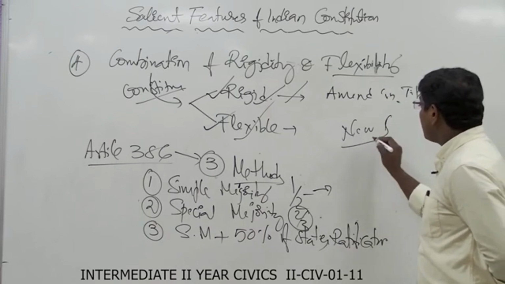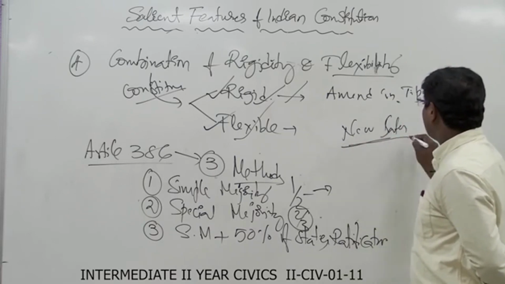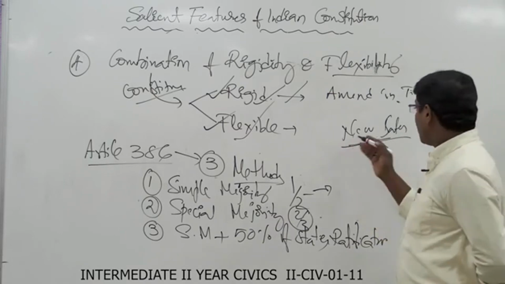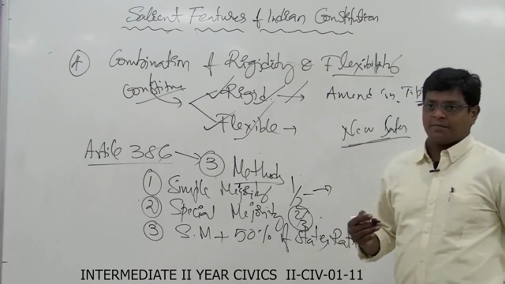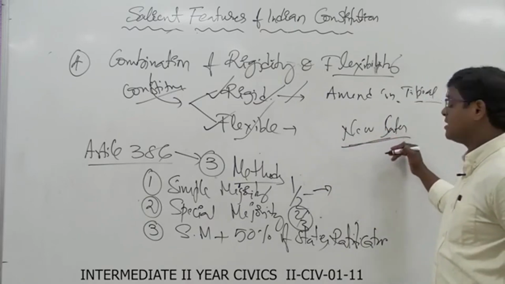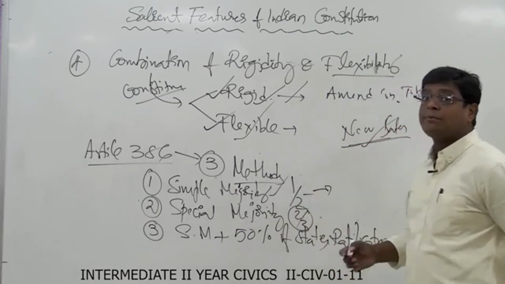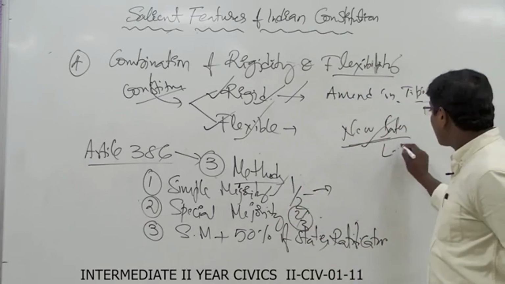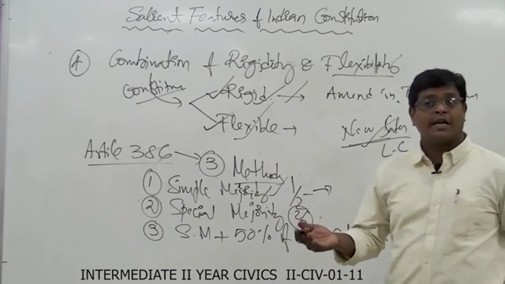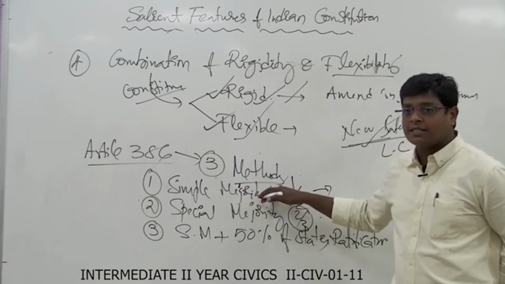That was based on simple majority: formation of states and alteration of the boundaries of the states, that means changing the boundaries of a state. It also comes under simple majority. At the same time, creation and abolition of legislative councils come under simple majority.